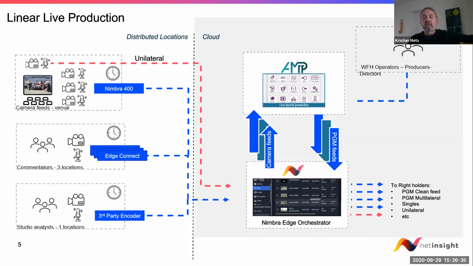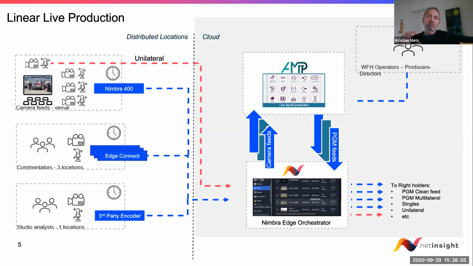And it shows that it is possible to have multiple types of users, mix inputs and outputs, distribution and contribution in the same system, as well as take care of the full rights holder distribution to maybe hundreds of users.